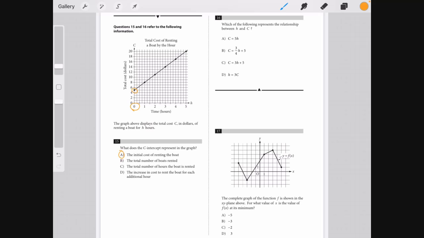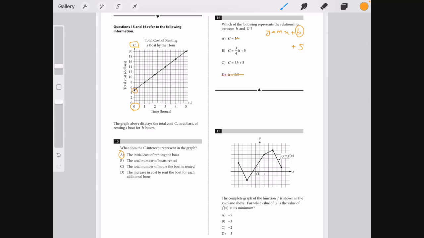Which of the following represents the relationship between h and c? All right. So we know this is a linear equation. Linear equation y equals mx plus b, b being the y-intercept. So here it's the c-intercept. So b is going to be 5, right?